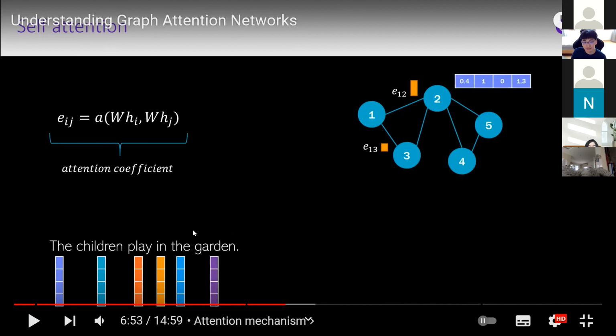And to tie everything back together, even a sentence is a graph. Instead of saying you and your friends, you can say word and the previous word. So these are actually items in the graph. This is a network of words.